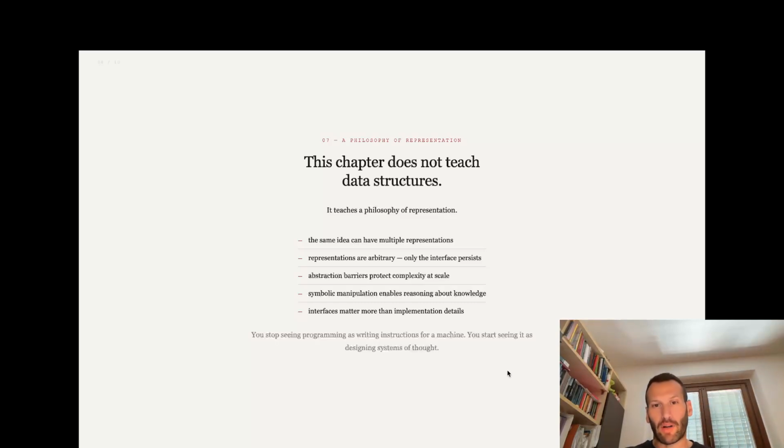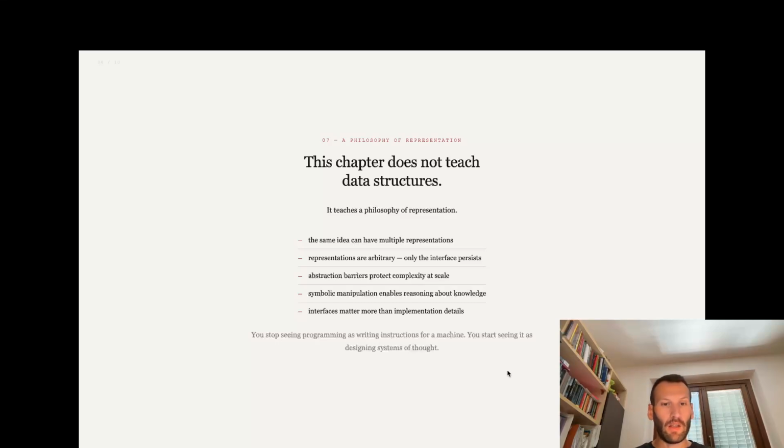Representations are arbitrary and only the interface persists, because in the end users use the interface and not the representation that stays behind the interface. Abstraction barriers protect complexity at scale, symbolic manipulation enables reasoning about knowledge, and interfaces matter more than implementation details.